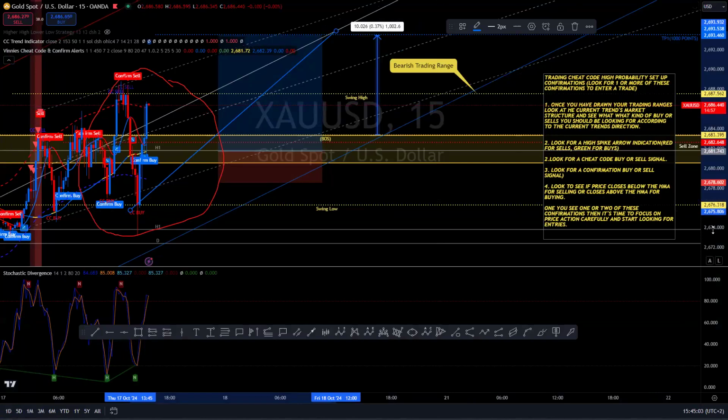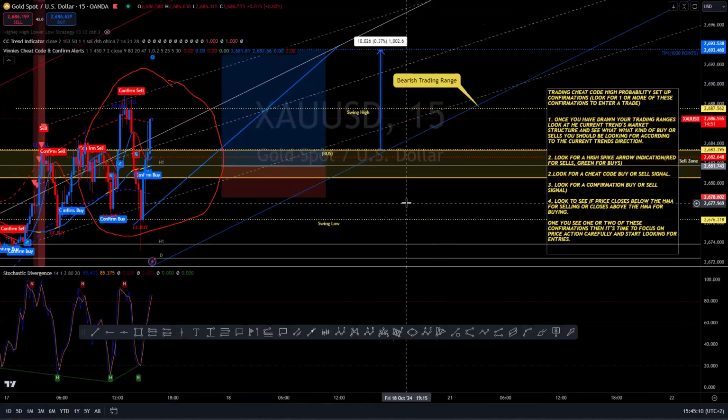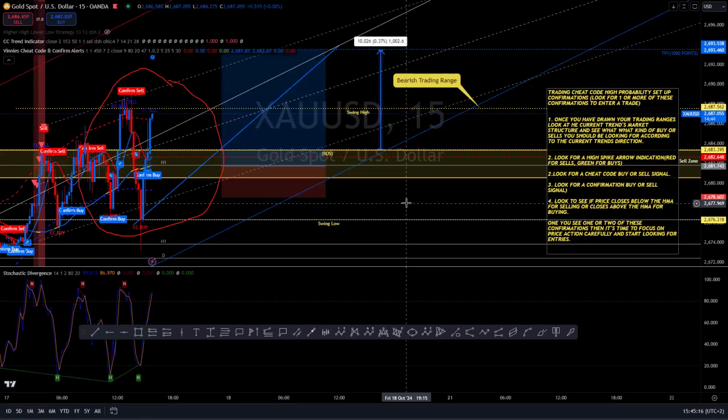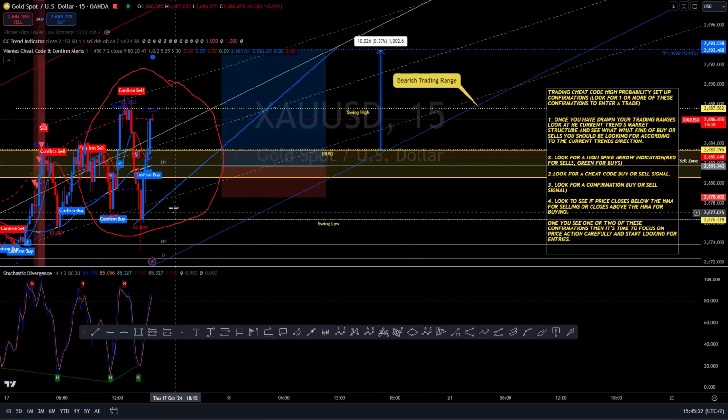Now we're at the 9:45 candle. We got a post sell signal. So at this point, we're looking for counter trend sells and retest buys.